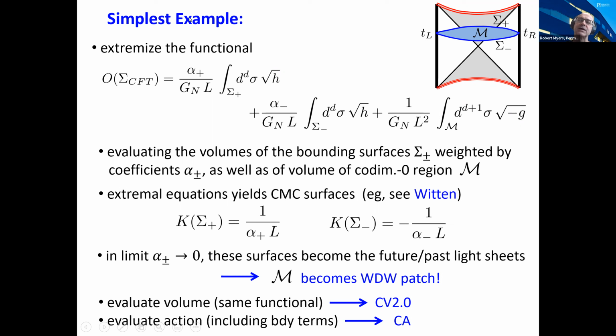So if I evaluate the same functional where I've taken the alphas to zero, exactly what I'm doing is evaluating the space-time volume of the Wheeler-DeWitt patch. So I reproduce that prescription. Alternatively, I can evaluate another functional on this region. The action, including the boundary terms, is a natural one to stick in, and that's how you reproduce complexity equals action.